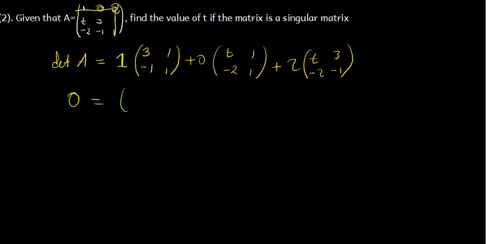When we want to find the determinant, first multiply these. 3 times 1, that is a 3, and then minus multiply this. Negative 1 times 1, that is the negative 1, but with this negative it becomes a positive 1. And then 0 multiplied by anything is 0, so I'll not even get interested in this because we know it's a 0.